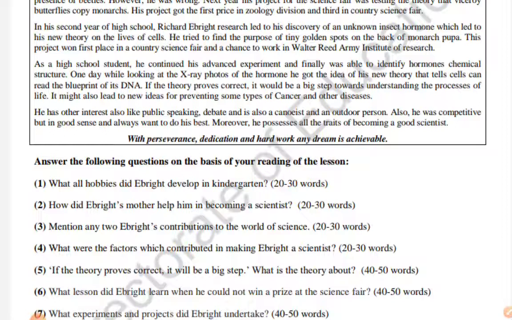One day, while looking at the X-ray photo of the hormone, he got the idea of his new theory that cells can read the blueprint of their DNA. If the theory proves correct, it would be a big step towards understanding the process of life. It might also lead to new ideas for preventing some types of cancer and other diseases.